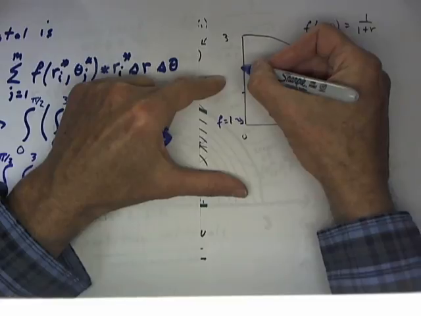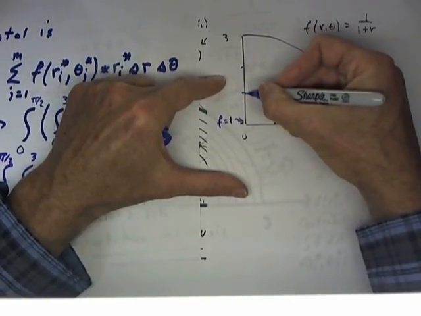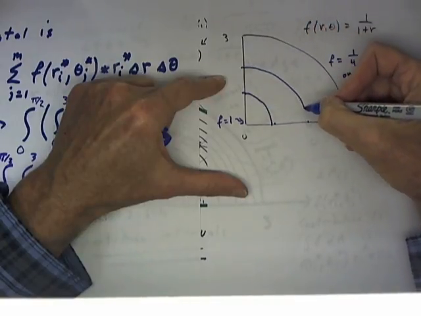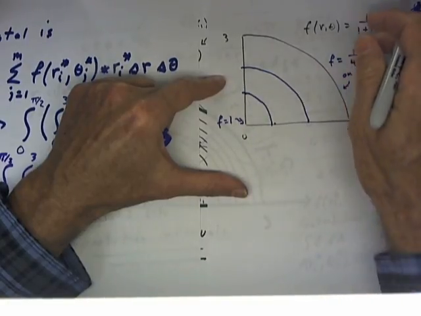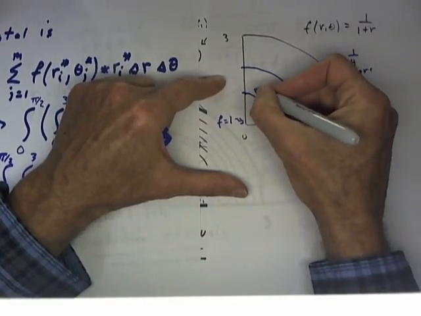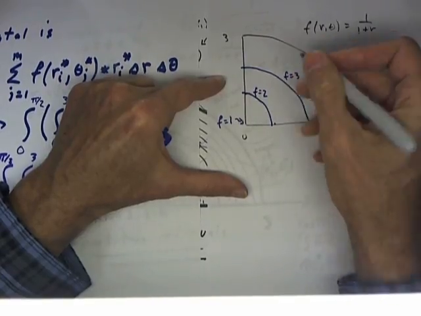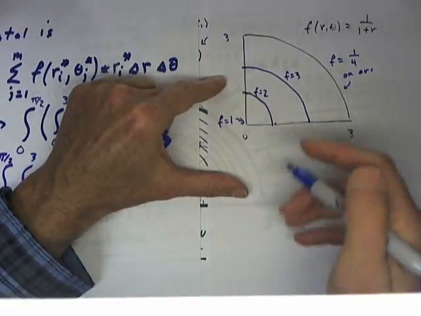We could also look at the circles of radius 1 and 2. So that on the circle of radius 1, we have 1 over 1 plus 1, and f equals 1/2, and f equals 1/3 along this circle of radius 2.